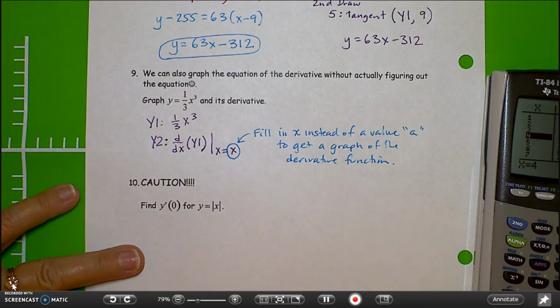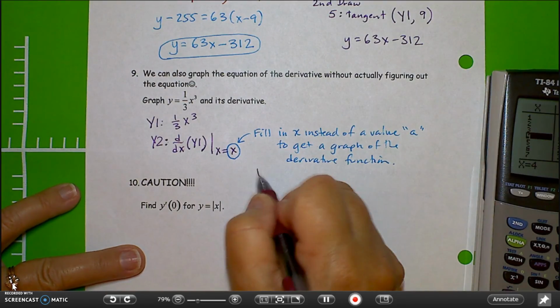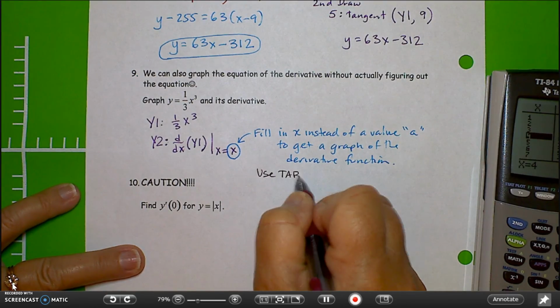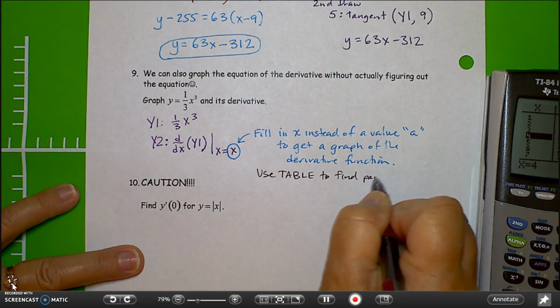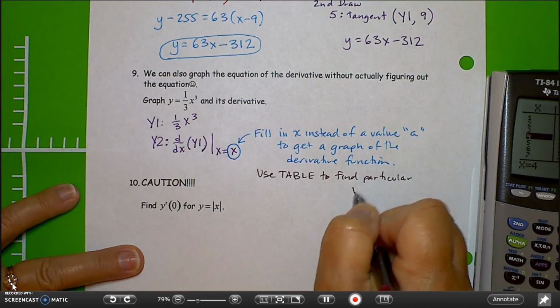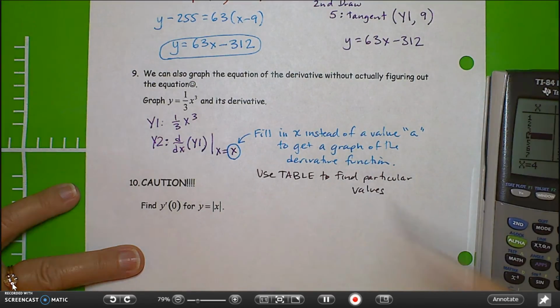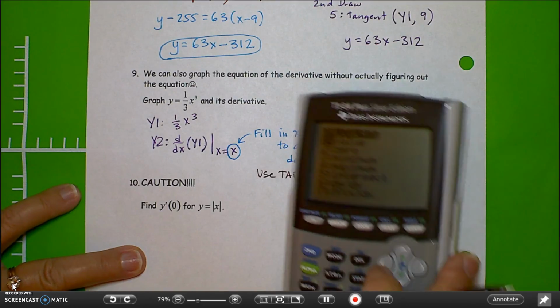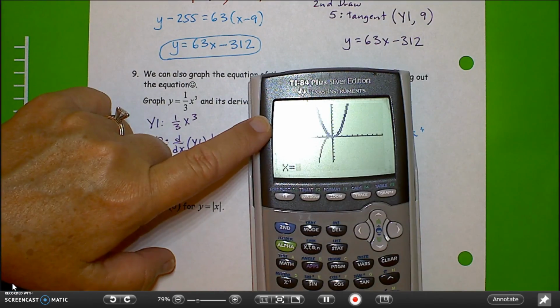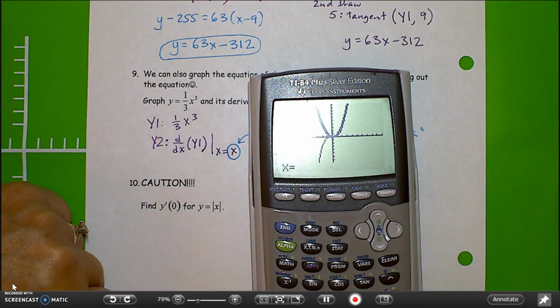And you can use trace, or better, you can use the table to find particular values. Second Calc would give you some particular values too. Second Calc value, say x equals 5.